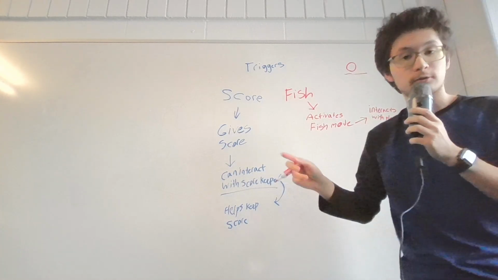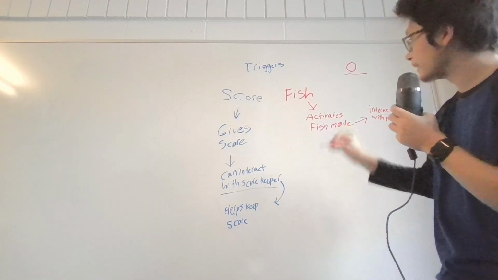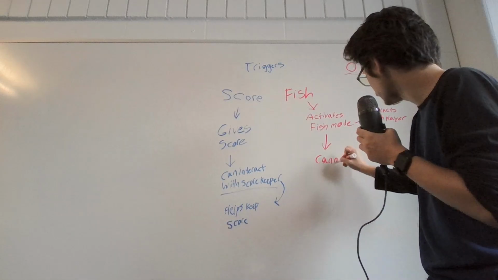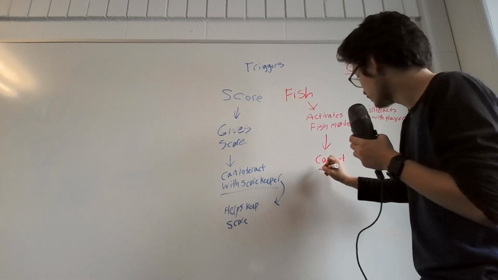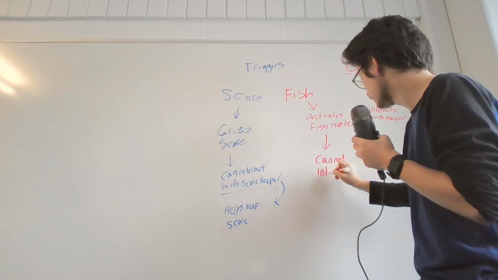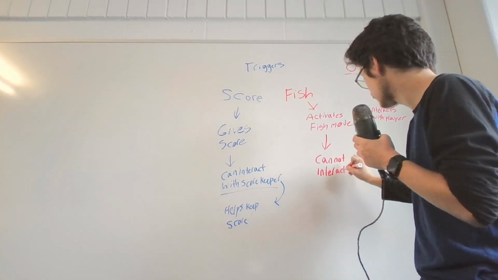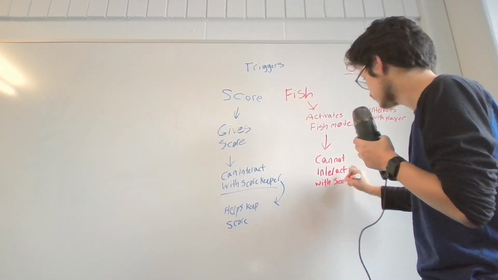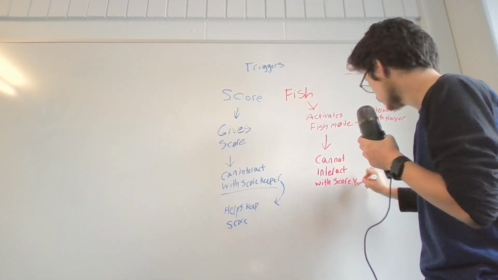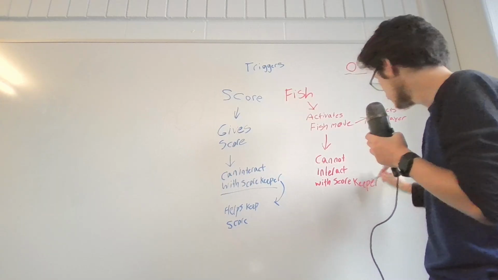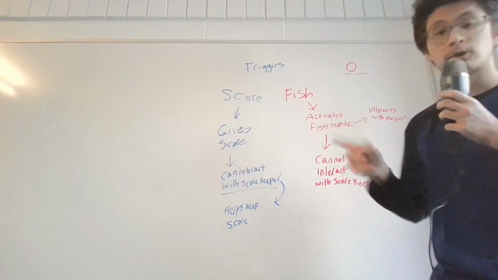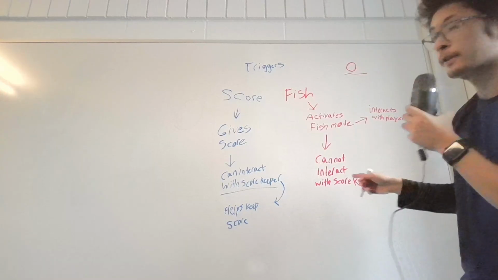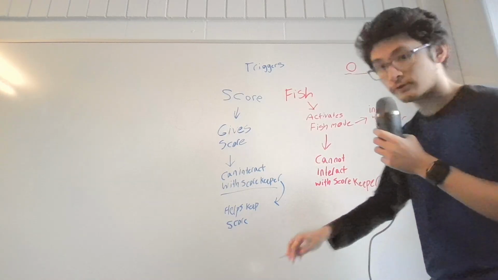One thing that differentiates score from fish is that the fish trigger cannot interact with the scorekeeper. The reason why is because the scorekeeper is for the points.